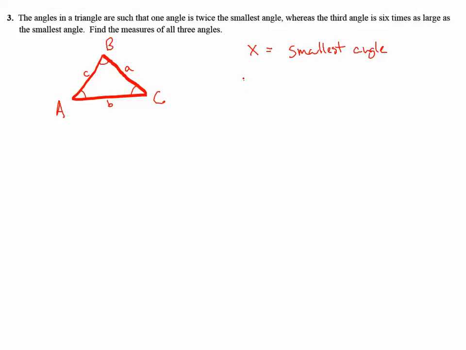So 2x. And again, you could put second angle, or one angle, whatever you like, as long as you know. So smallest angle I got, my second angle is 2x, whereas the third angle is 6 times as large as the smallest angle. That's 6x. That will be my third angle then.